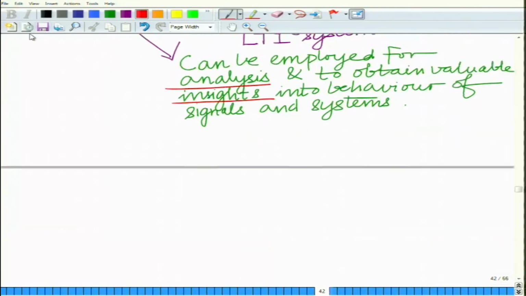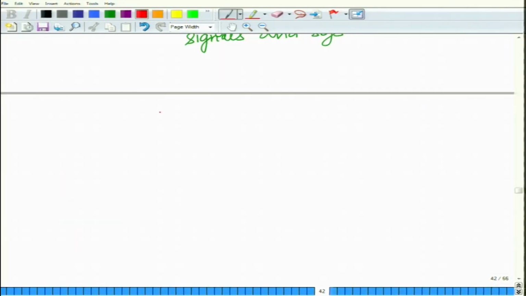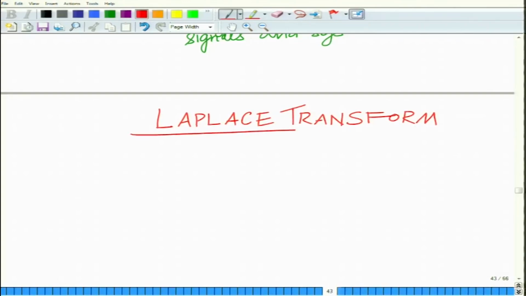So, let us look at the definition of the Laplace transform, which for convenience we can abbreviate as LT.